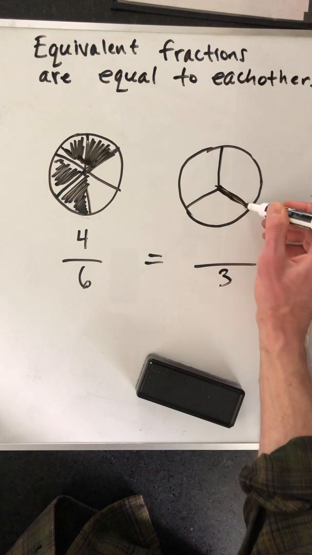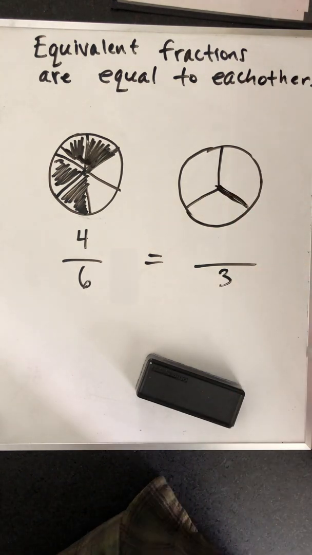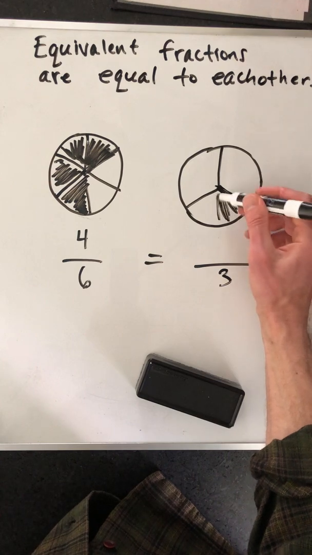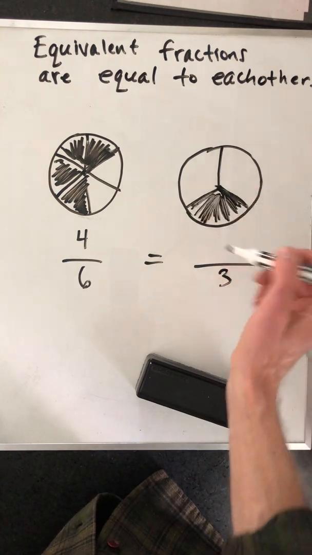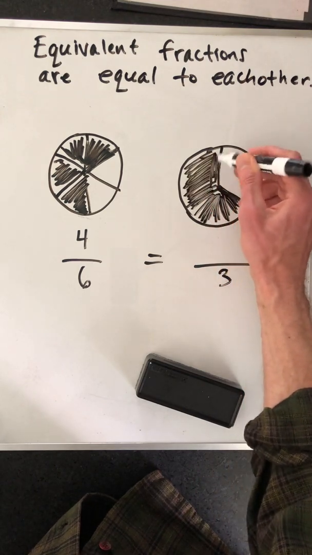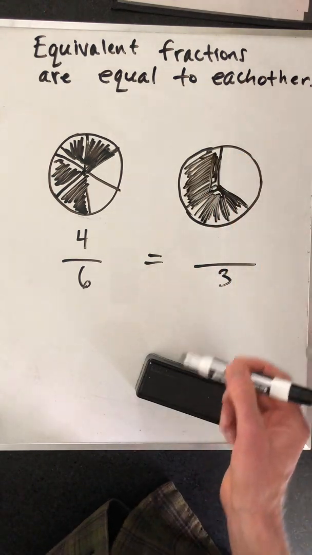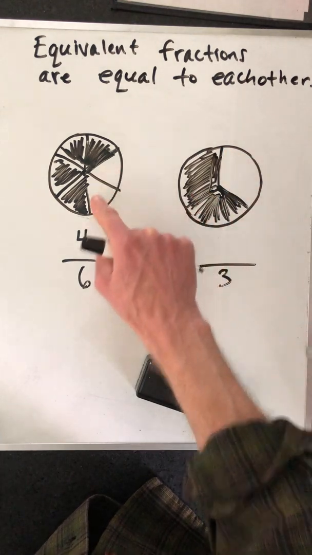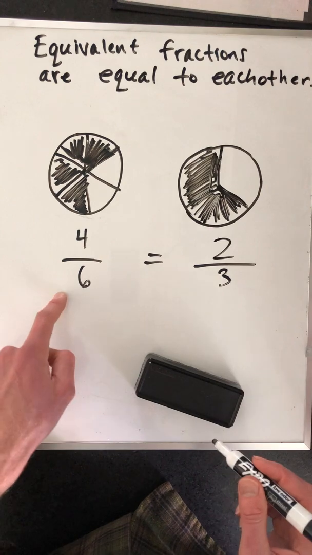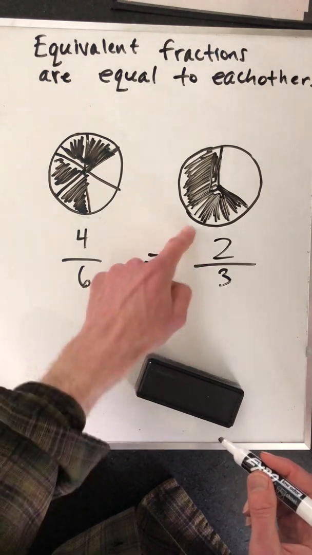And then on this one, I color in the same amount of stuff. So it's not just one piece, it's more than that, right? Okay, that looks about the same. See how there's not much empty space there? So I colored in 2 of them. So 4/6 is the same amount of stuff as 2/3.